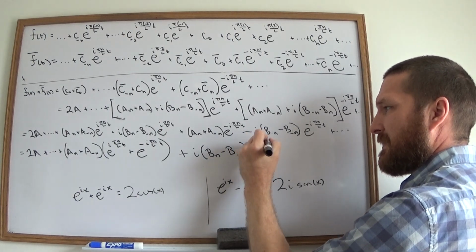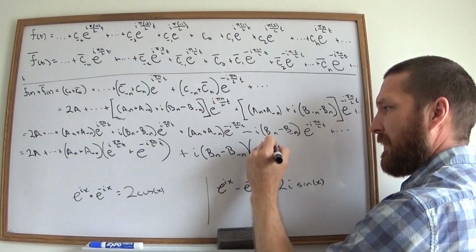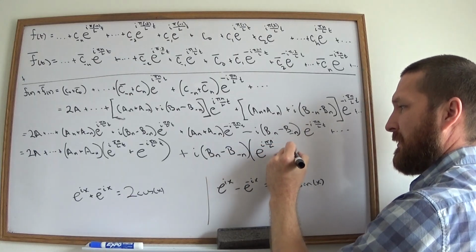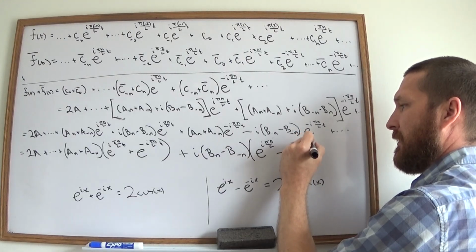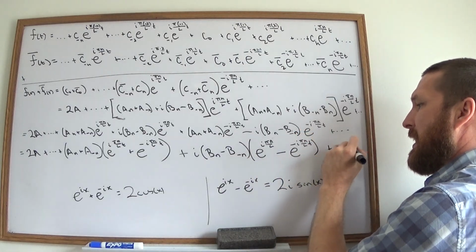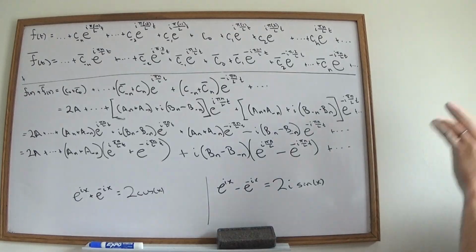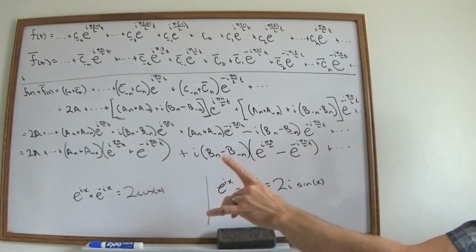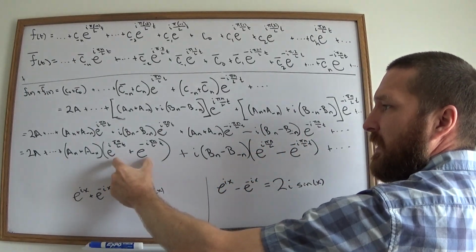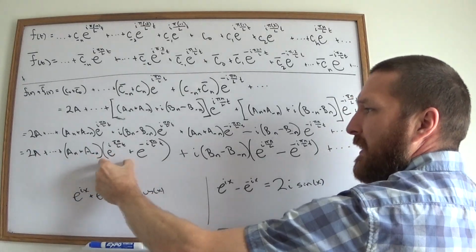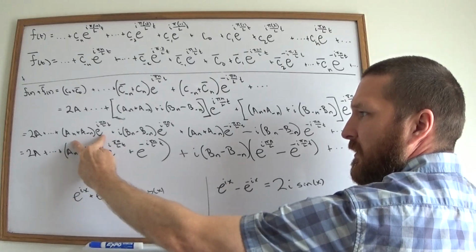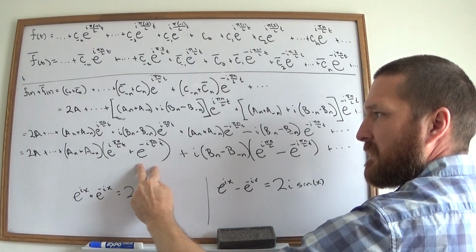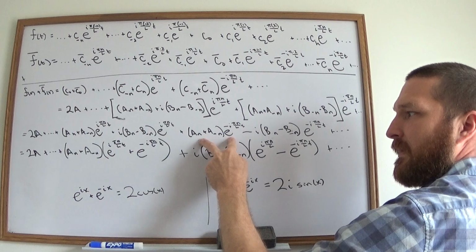E to the i pi n over L minus e to the negative i pi n over L, like that, and all these others. Let's just double check that I did that the right way. If I multiplied this back into here, I would have this times this, which is right there, and then this times this, which is right there.